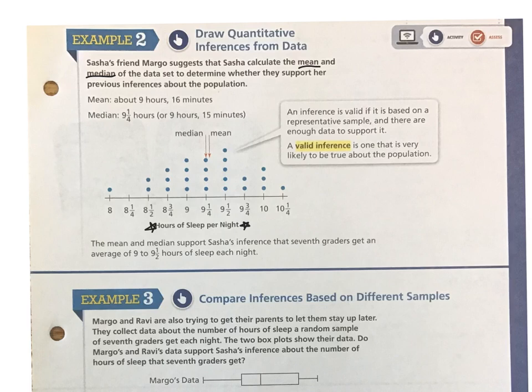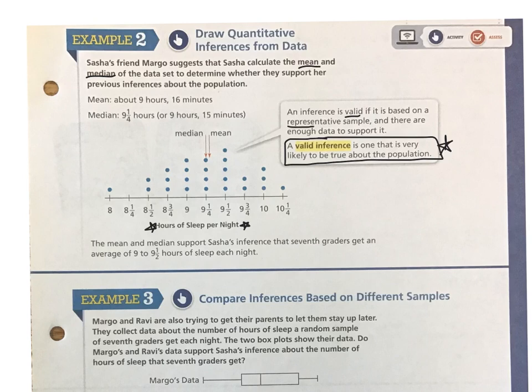The mean of the data is about 9 hours, 16 minutes, and the median is 9 1/4 hours, or 9 hours, 15 minutes. An inference is valid if it is based on a representative sample, and there are enough data to support it. So a valid inference is one that is very likely to be true about a population.